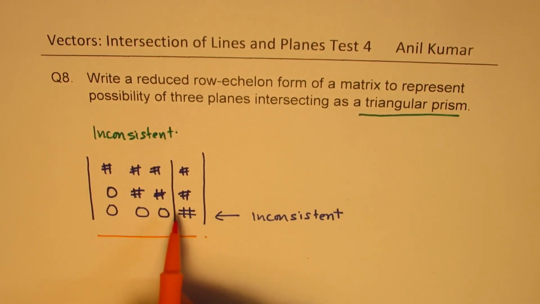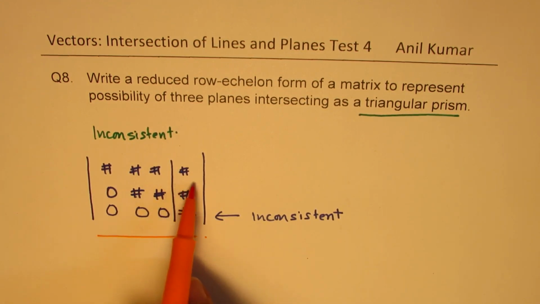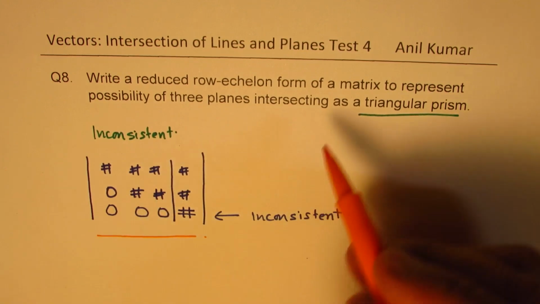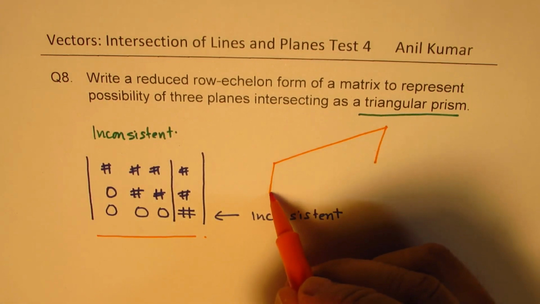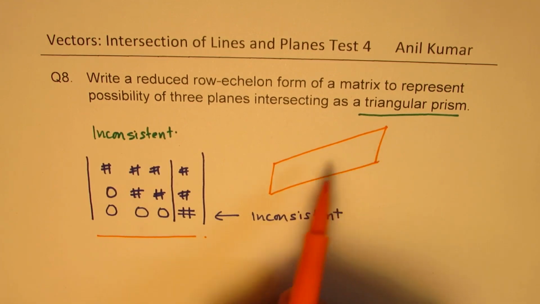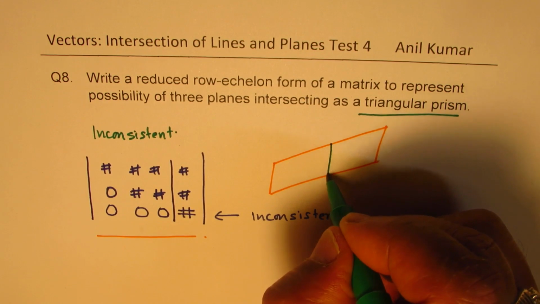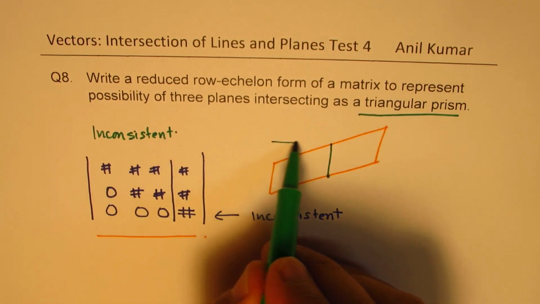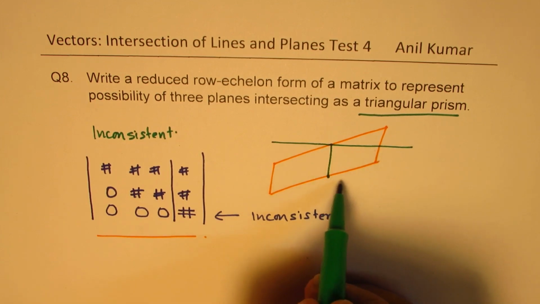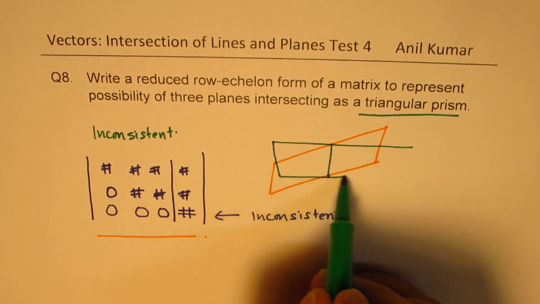So that really means that the 2 planes individually are intersecting in lines. For example, we have a plane here, and let's say it intersects another plane in a line here. So let's say we have a plane going like this in front.